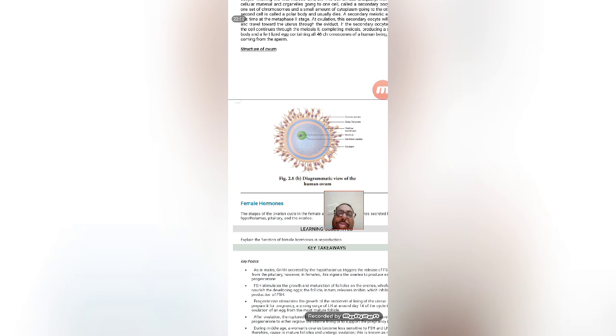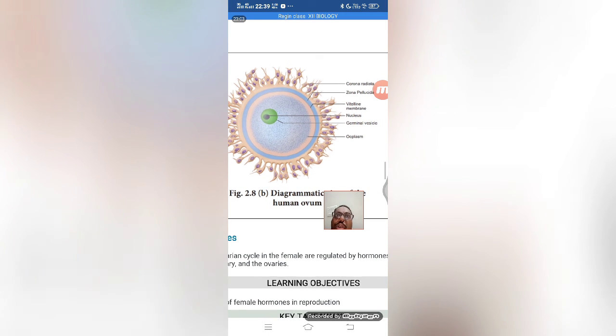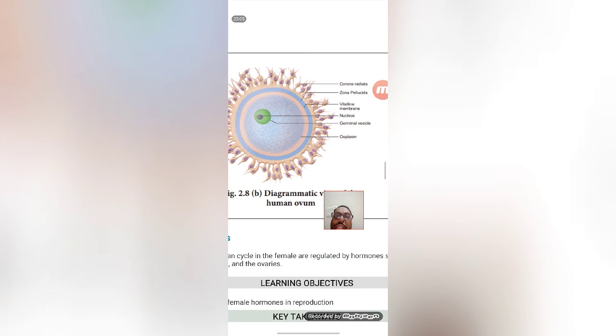And if you see the structure of the ovum, you can see that this ovum is very rich in cytoplasm, which is known as ooplasm, and it has a nucleus with the chromosomes half in number, and this ooplasm is covered with a vitelline membrane.